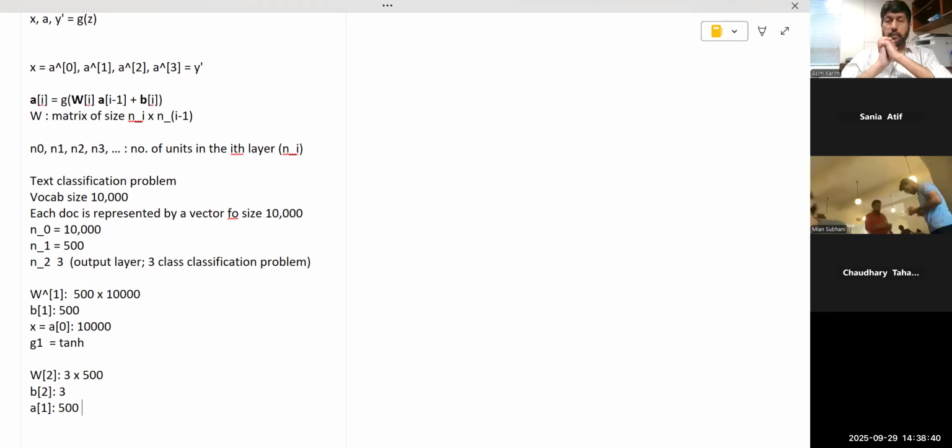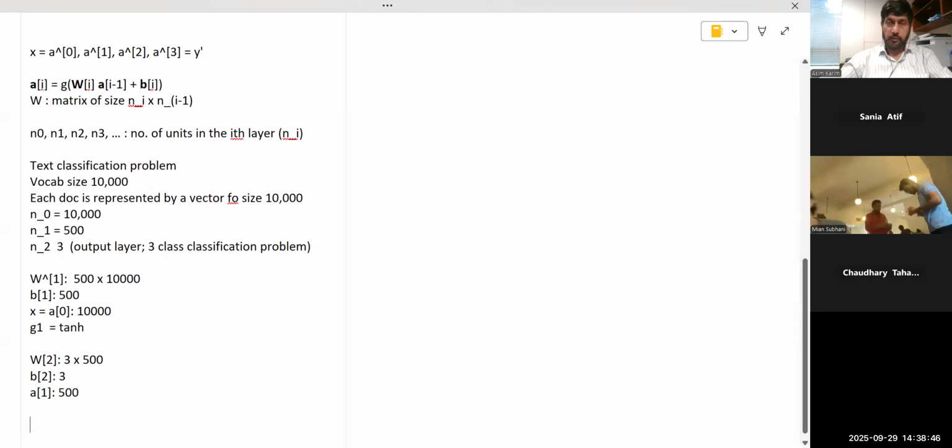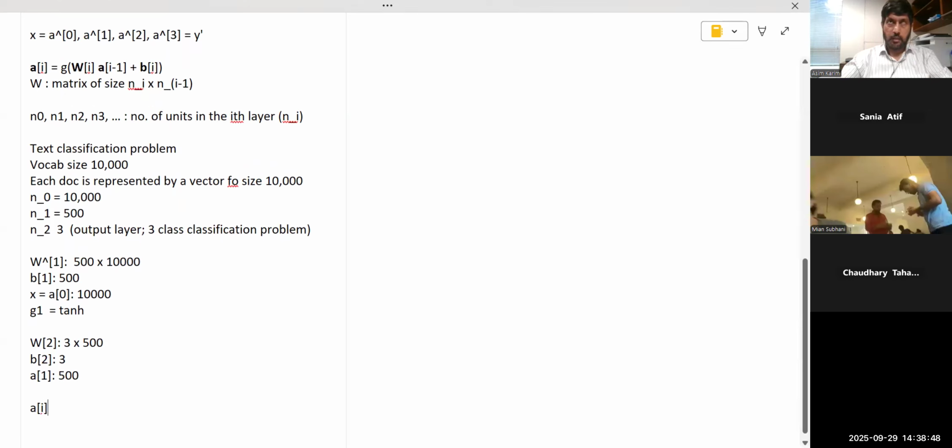So given these matrices and these values and how to compute them, you already know the equation. The equation in general, as I said before, is Ai is equal to some function G of Wi, this is a matrix, multiplied by Xi minus 1 plus Bi. ठीक.